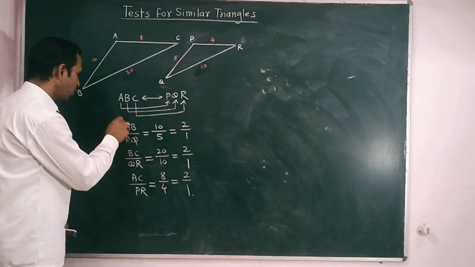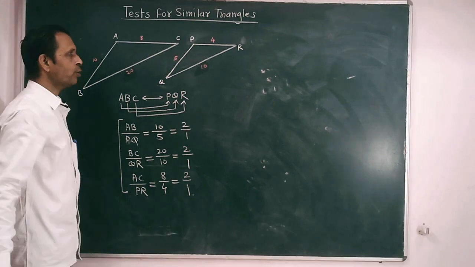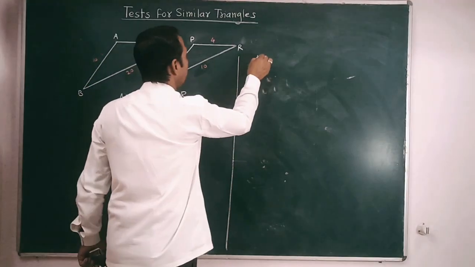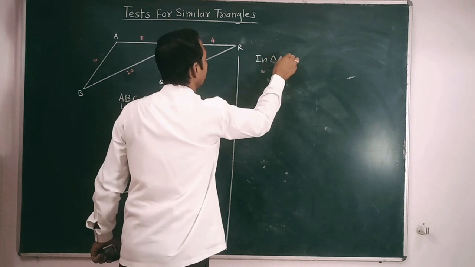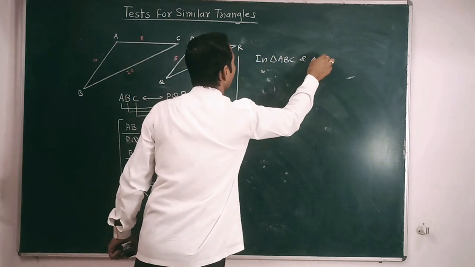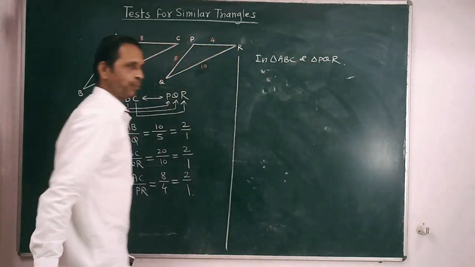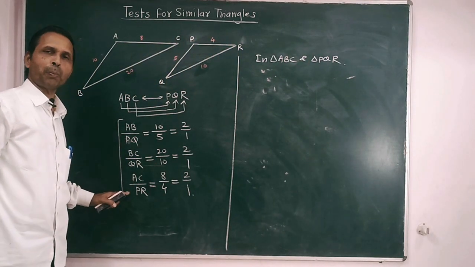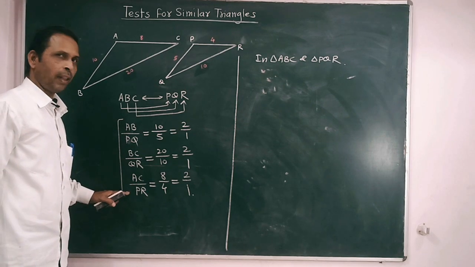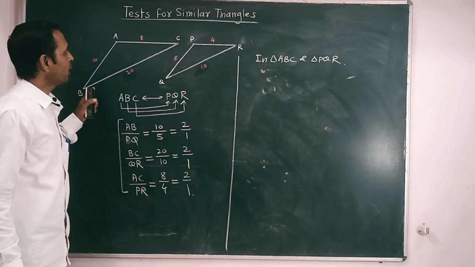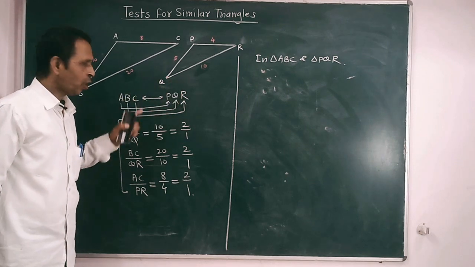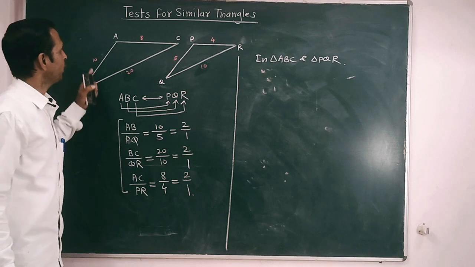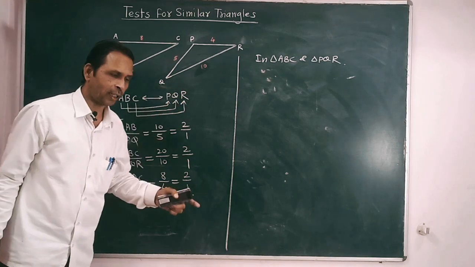Now if you observe that all these three ratios are equal, and that's why we write here in triangle ABC and triangle PQR, if corresponding sides are in proportion, then the triangles are similar. Not necessary to verify that the corresponding angles are congruent.